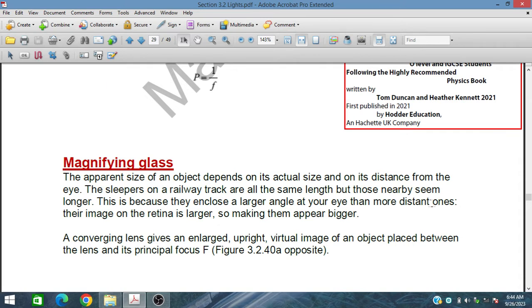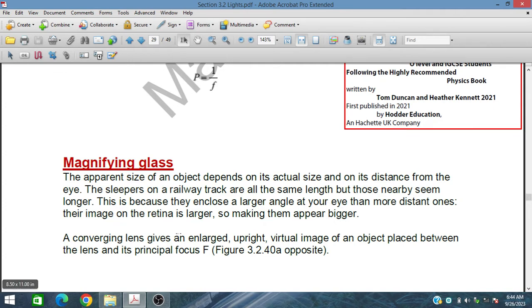So the nearer object looks larger and the distant object looks smaller. Their images on the retina are larger, making them appear bigger. The nearby object makes a larger image on our retina.